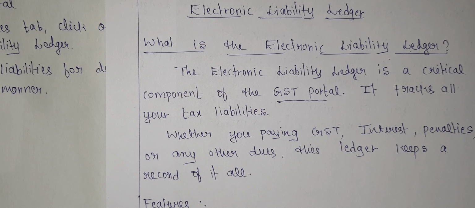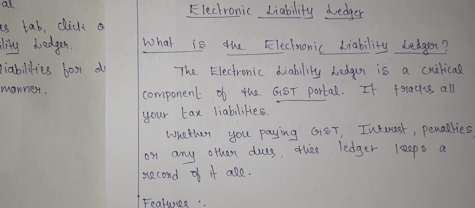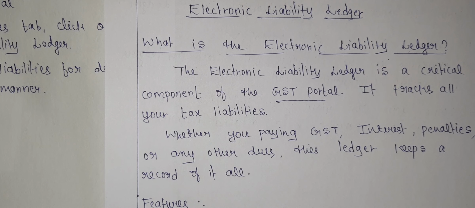Think of it as a virtual book that tracks all your tax liabilities. Whether you are paying GST, interest, penalties or any other dues, this ledger keeps a record of it all.